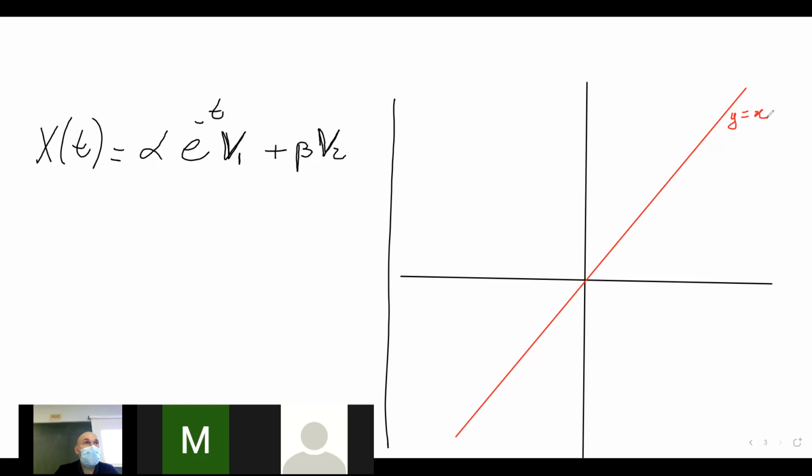When I pick a point here, it's a solution of the ODE. Right? Now I'm drawing the other eigenvector. Let's draw it in black. So 1, 2.